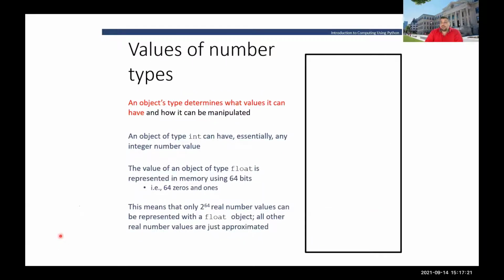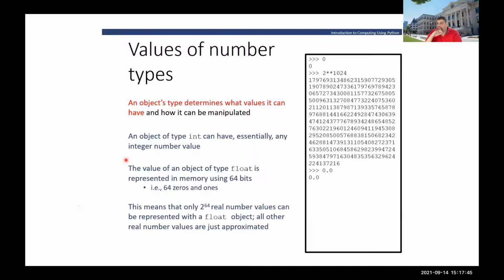So as your friend mentioned, the value of the object determines the type of the object in Python. Okay. Now, each class, or each data type, okay, let's stick with the data type, each data type has its own implementation.